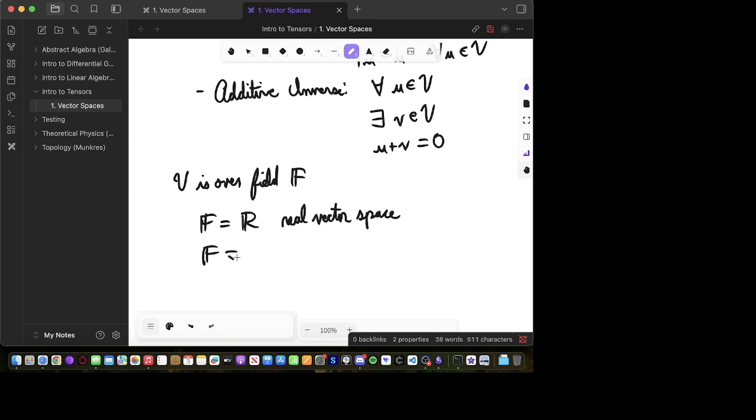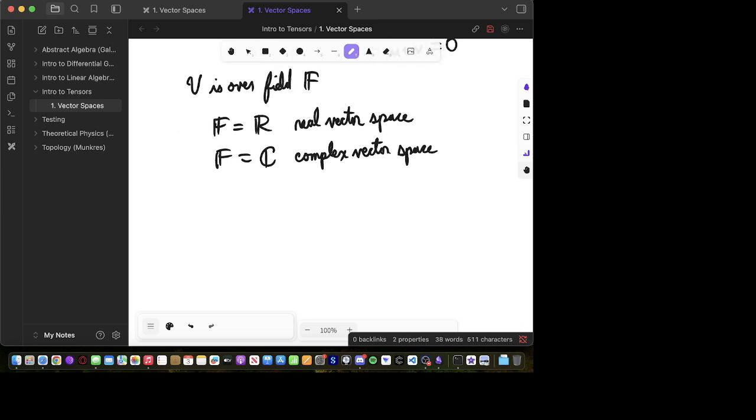And if the field equals the set of complex numbers, then that is called a complex vector space. It's also important to know that a vector is an element of a vector space.